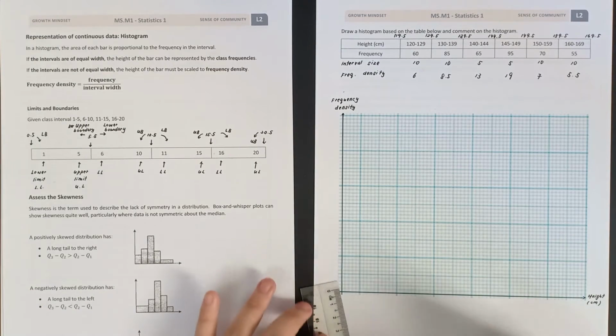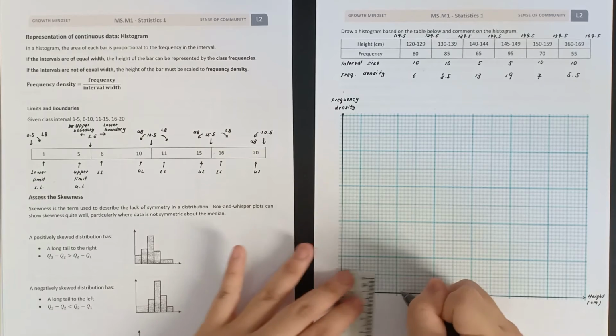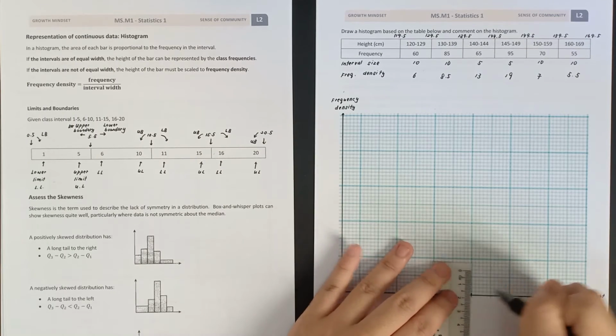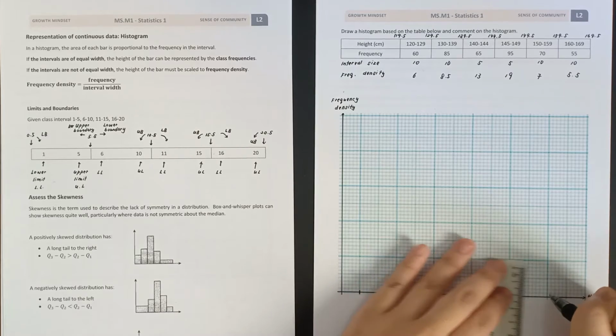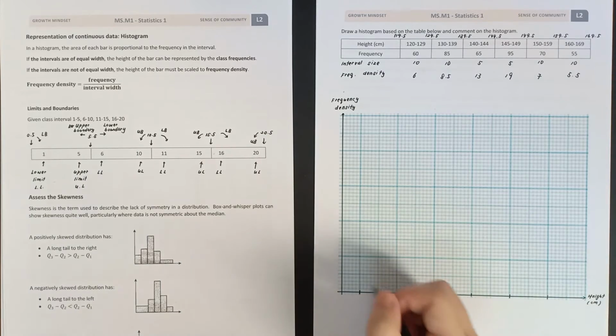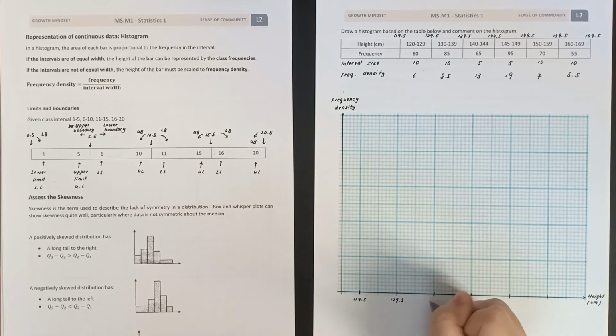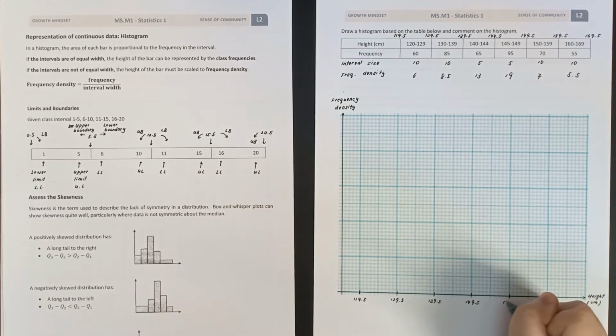Then now you can write down your class boundaries: 119.5, 129.5, 139.5, 149.5, 159.5, 169.5.